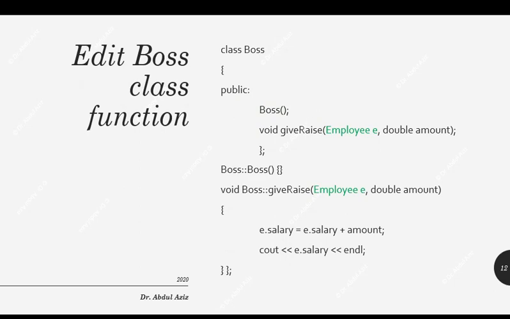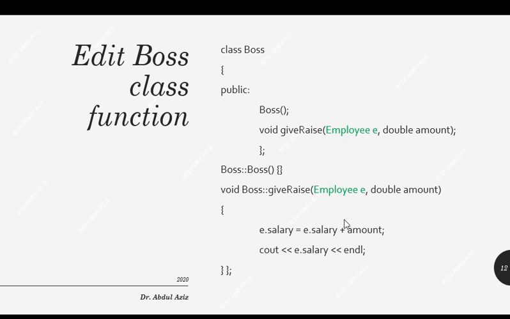That means in the give raise function we need to edit the signature, and now we need to pass employee as an object, and then the amount as a double. This is basically the amount which we want to give as a raise to this particular employee. Now look at the main.